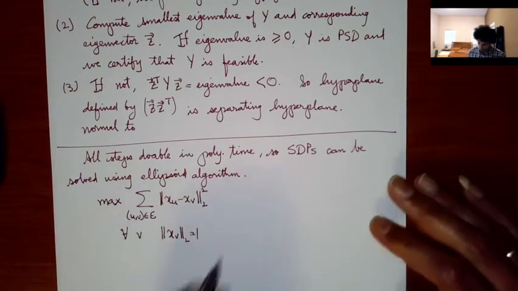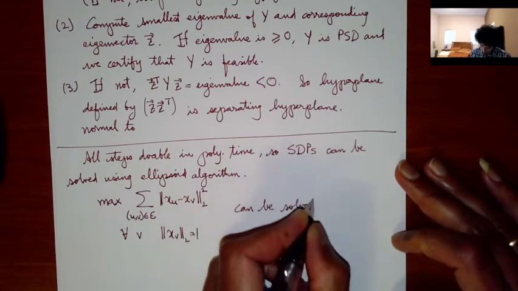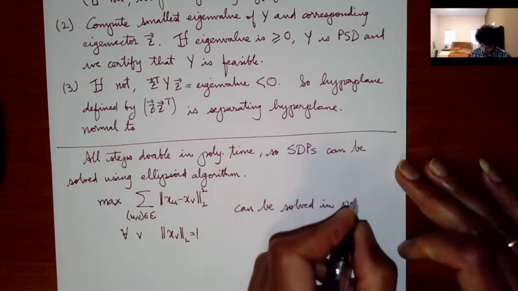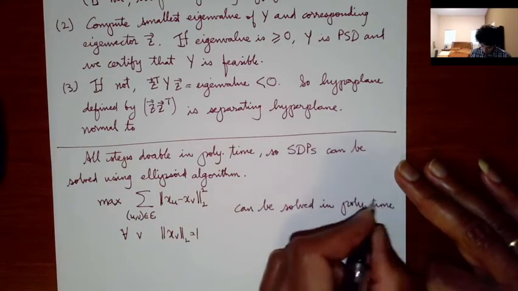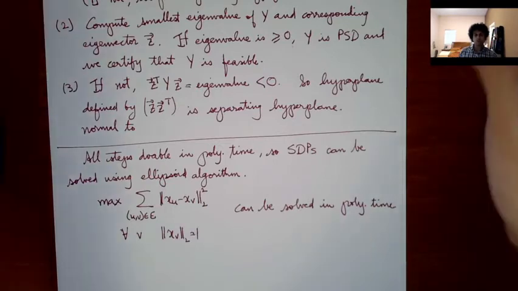This can be solved in polynomial time. So even if you were lost so far, you can come back and follow the rest of the argument without any reference to the previous argument.